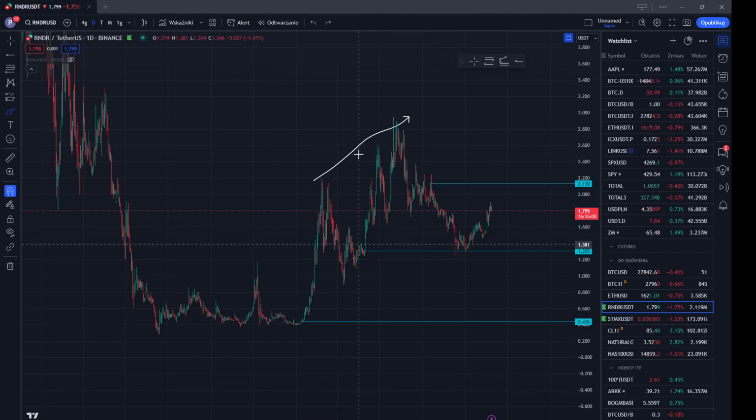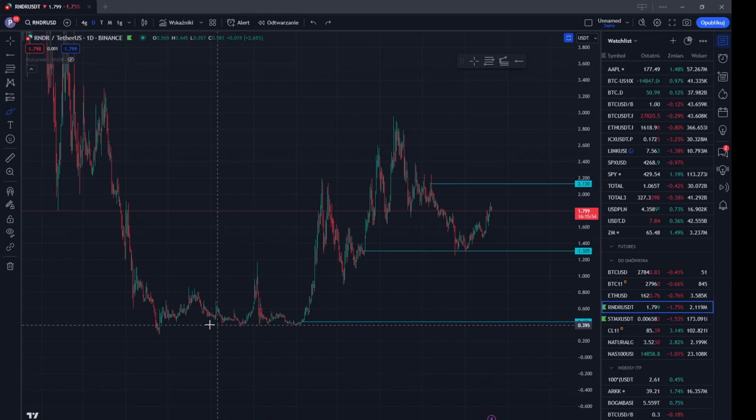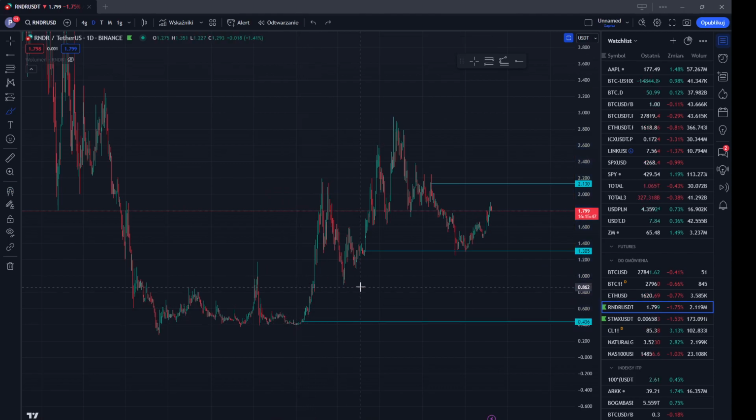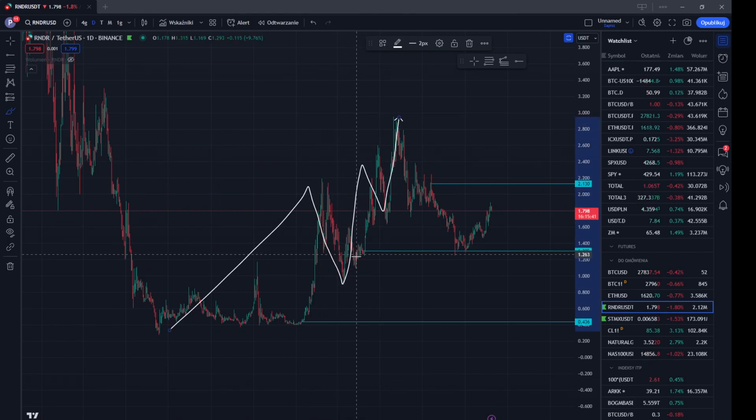So let me just get rid of this. This is our 1, 2, 3, 4, 5. I could be wrong. This could be 1, 2, and 3. It's also possible, but my assumption is this was our wave 1. So 1, 2, 3, 4, 5.